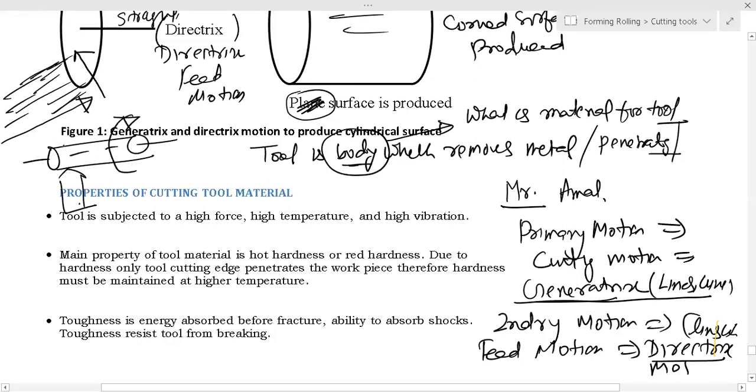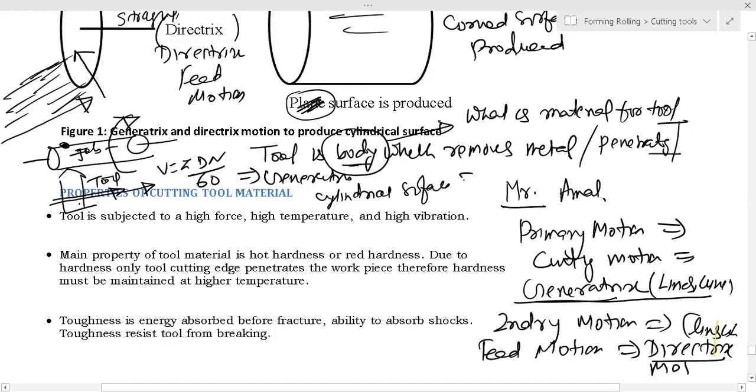This is your job and this is your tool, having some relative velocity, v = πdN/60. This cutting speed we call generatrix, and the tool moves like this in a straight line motion, while the point on the job moves in circular motion. So the combination of circular motion and straight motion produces a cylindrical surface, which is your turning operation.